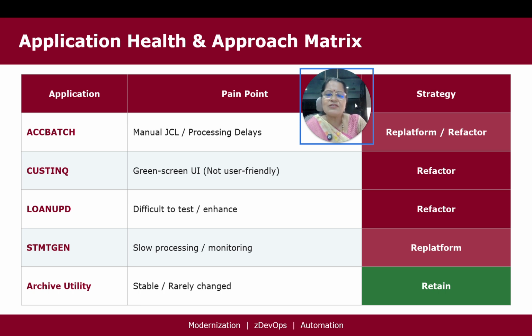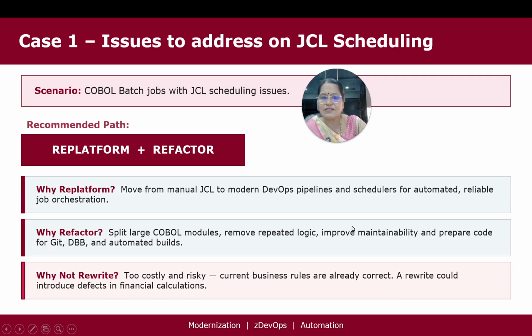The user interface based CICS screens can be refactored with modern IDEs like IBM Developer for Z or Zowe Explorer, etc. Any kind of archival mechanism can be retained as it is on the mainframe. This is how we try to understand and propose the methodology which fits best.